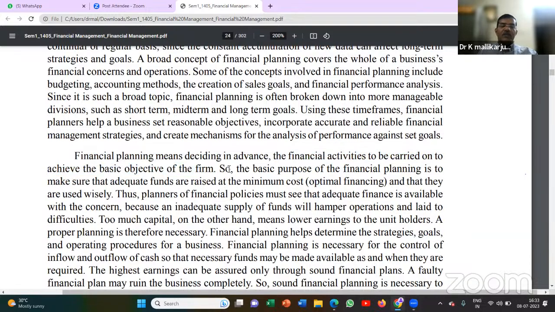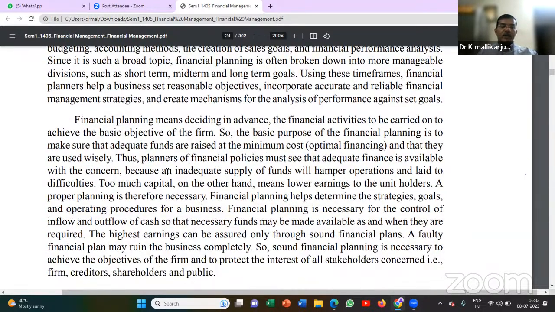So think in advance. The company is also deciding in advance, and the planner of business and financial policies must ensure that the required finance is available with the concern. Opportunities come if the company has good cash flows in its balance sheet. Whenever an opportunity is there, they will enter, buy, take over a company or merge with another company.